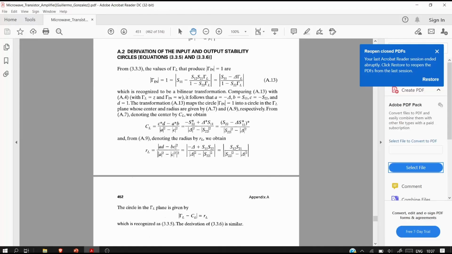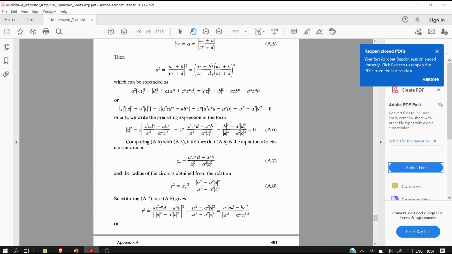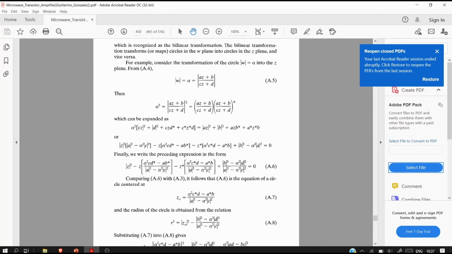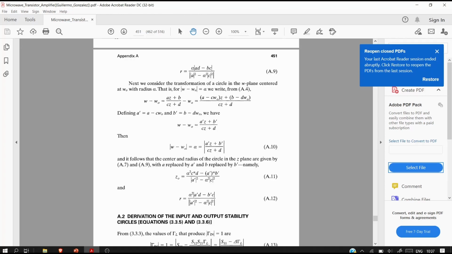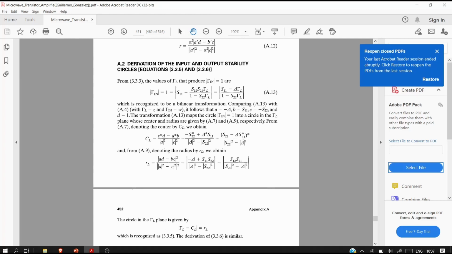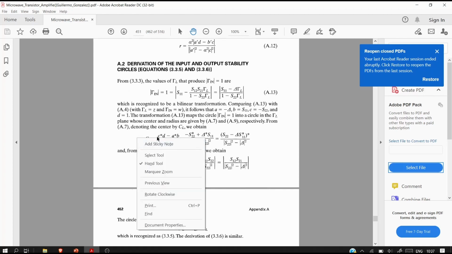So this is our equation, gamma n equal to 1, where 1 is my alpha, and I am taking this same form as this equation here. If I compare my A13 with my A3, then I come to know that my A is equal to minus the determinant of my S parameter, B equal to S11 and C equal to S22. If I know them, I can directly write my equation for the center.